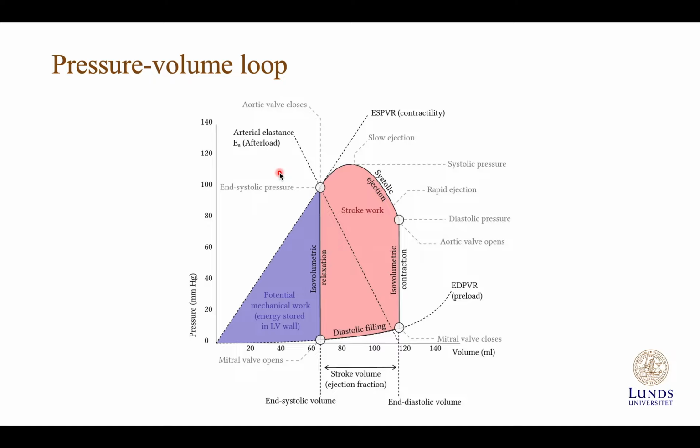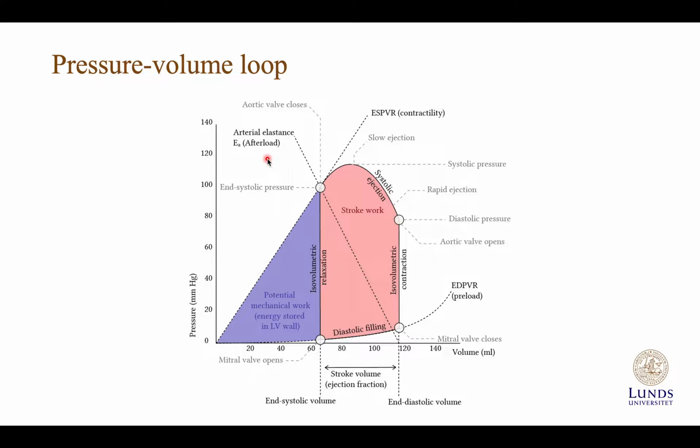So the crossing of these lines is not arbitrary. It represents the equilibrium point between ventricular contractility and arterial load. The ESPVR and the EA intersection defines the heart's steady state operating point for that beat.